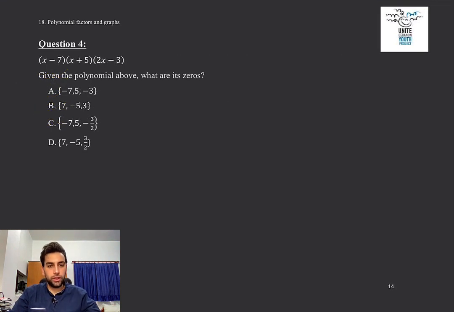Question number 4 now. x minus 7 times x plus 5 times 2x minus 3. Given the polynomial above, what are its zeros? So its zeros again are the values for x where all of this polynomial is equal to 0. Thus we need to solve for this polynomial equals 0, which will give me x minus 7 equals 0, thus x equals 7. This is one of the zeros.